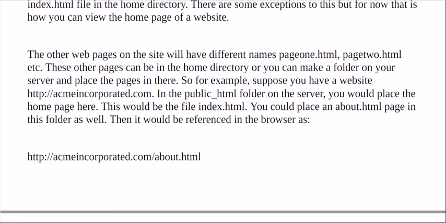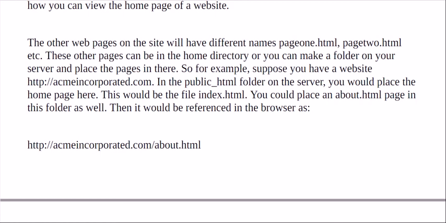In the public HTML folder on the server, you would place the home page here. This would be the file index.html. You could place an about.html page in this folder as well.